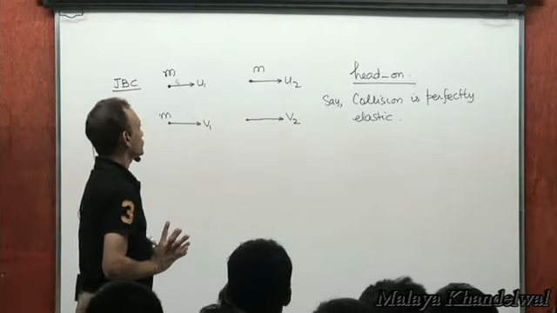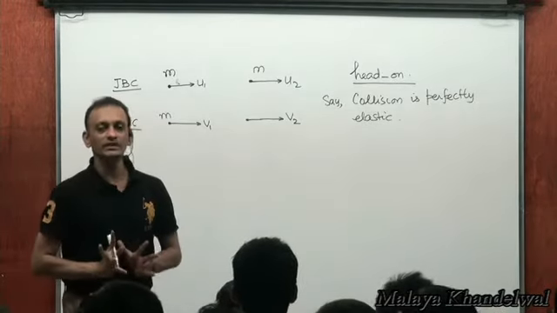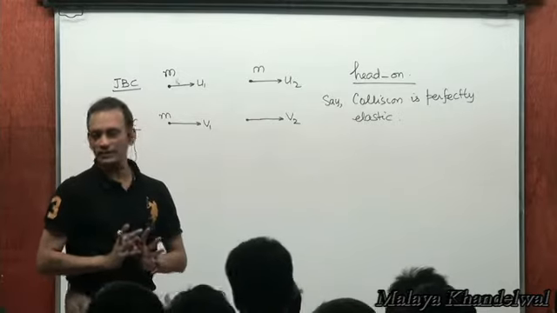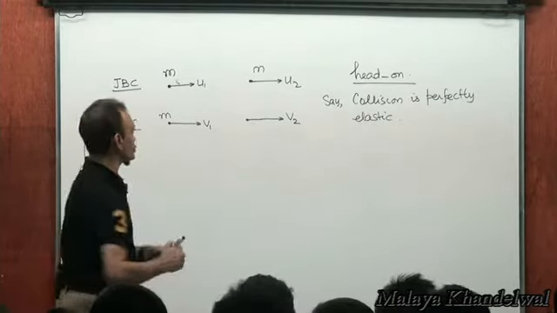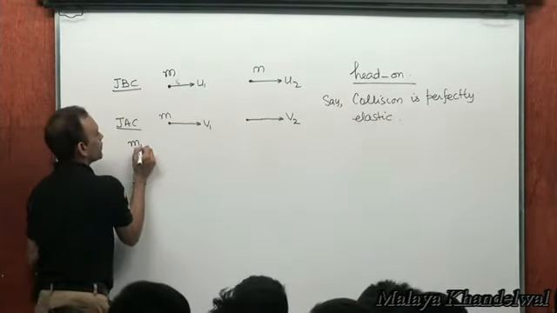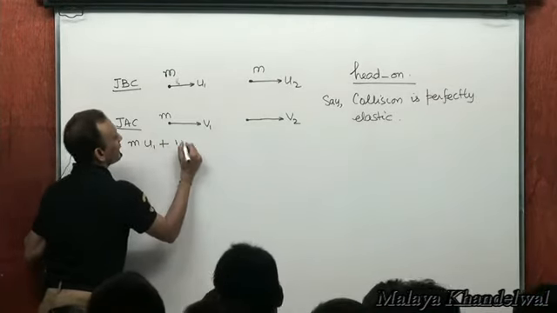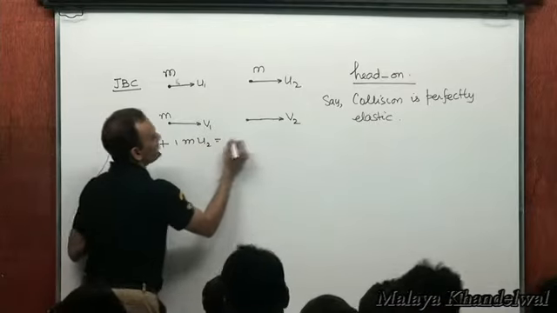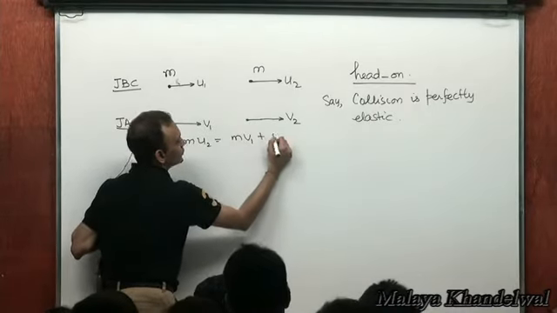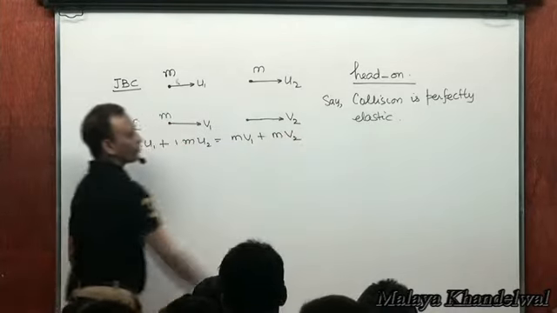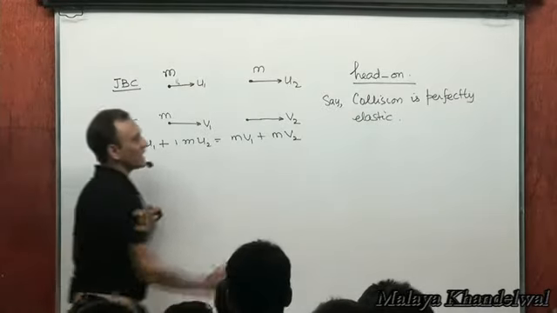So now, the linear momentum, irrespective of the nature of collision, will be the same before and after collision. That means P equal to constant would mean m u1 plus m u2 must be m v1 plus m v2. That's guaranteed.